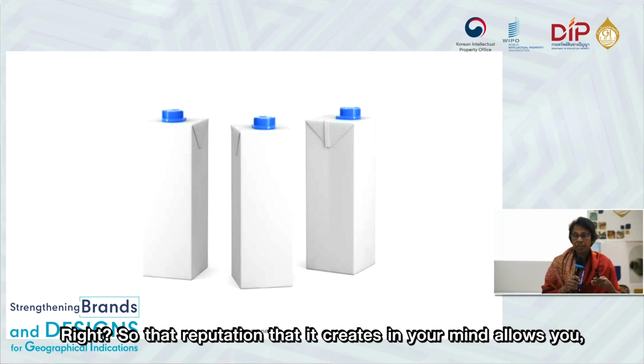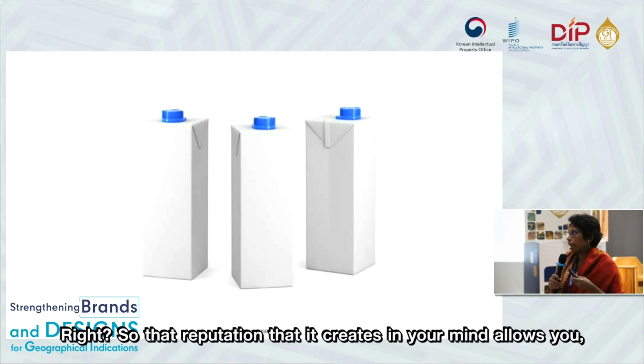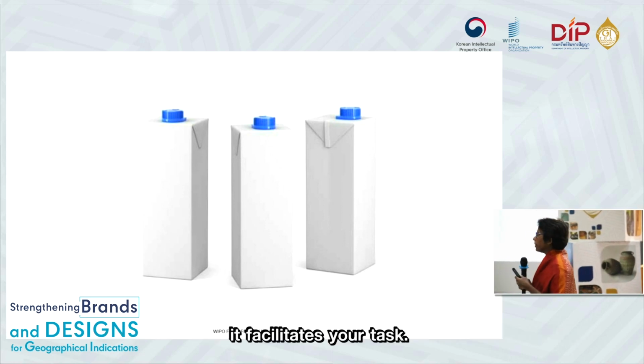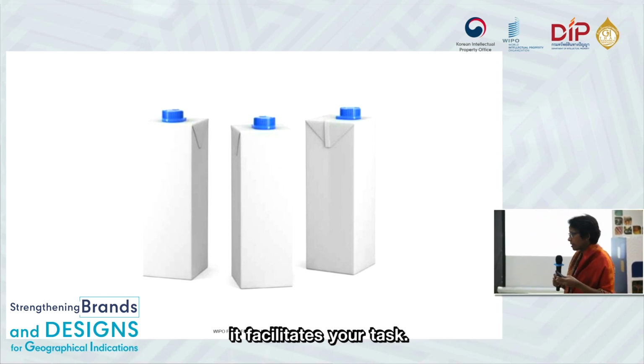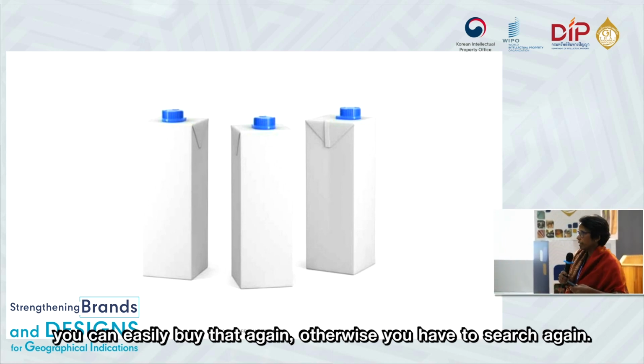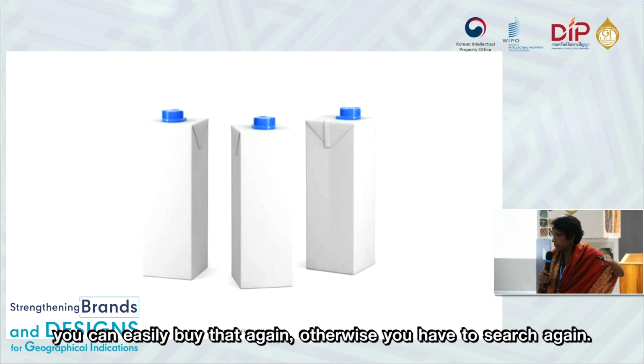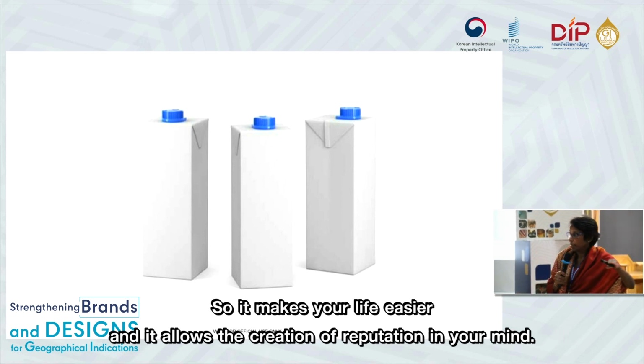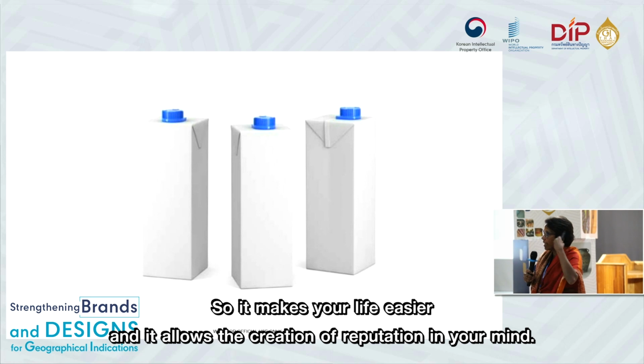That facilitates your task, because when you go next time to the supermarket, you can easily buy that again. Otherwise, you don't have to search again. So it makes your life easier, and it creates a reputation in your mind.